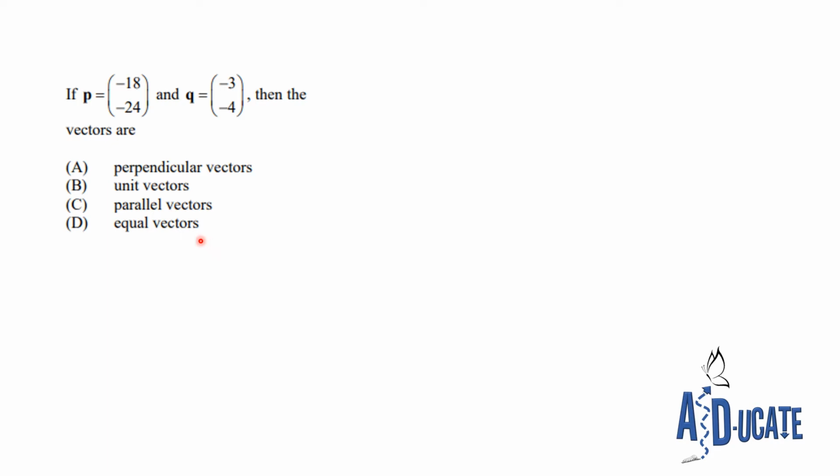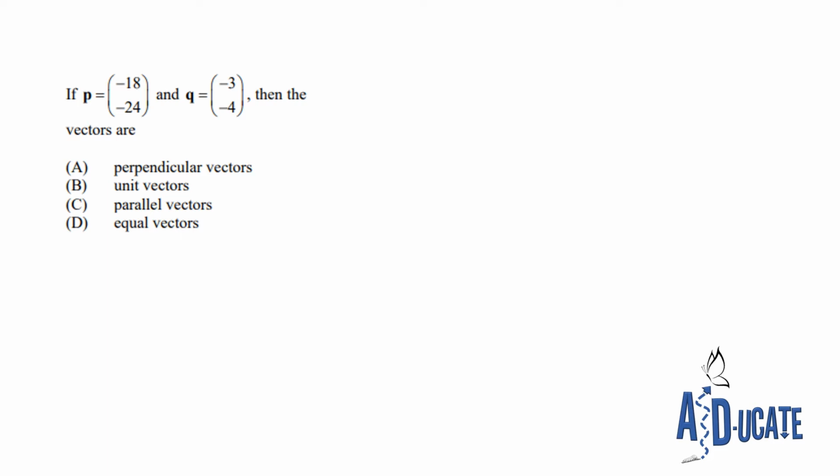The other thing that we could do is to look to see if we can do anything to any of these vectors to get the other. What do I mean by that? Can we multiply any of these vectors by a scalar quantity to get the other? Let's look at vector q.